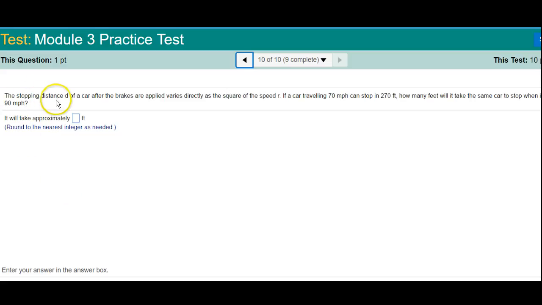The stopping distance d of a car after the brakes are applied varies directly as the square of the speed. So we said for direct variation, this was y equals kx.